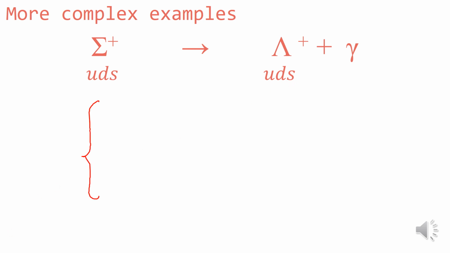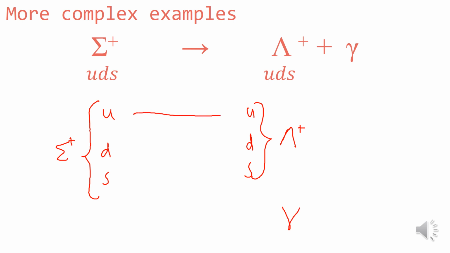If we begin drawing the vertex, with our composite particle we've got our curly bracket, and then a sigma and a plus, an up, a down, a strange, and on the other side we draw a capital lambda and a plus, and then an up, a down, a strange. On the exit we also have our gamma particle, and we can see that the up whizzes across, so does the down, and so does the strange.